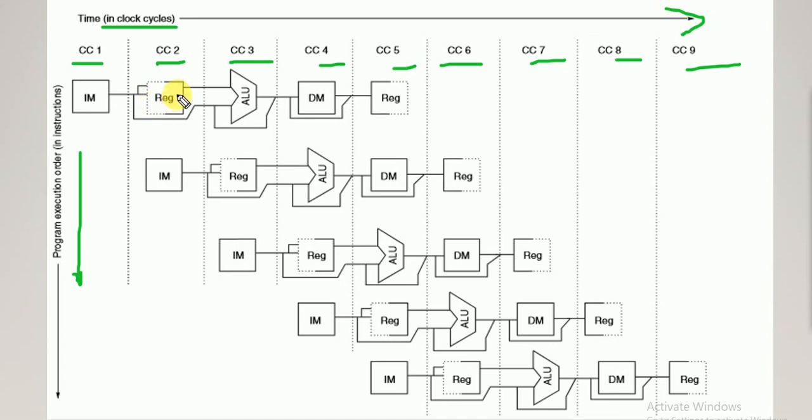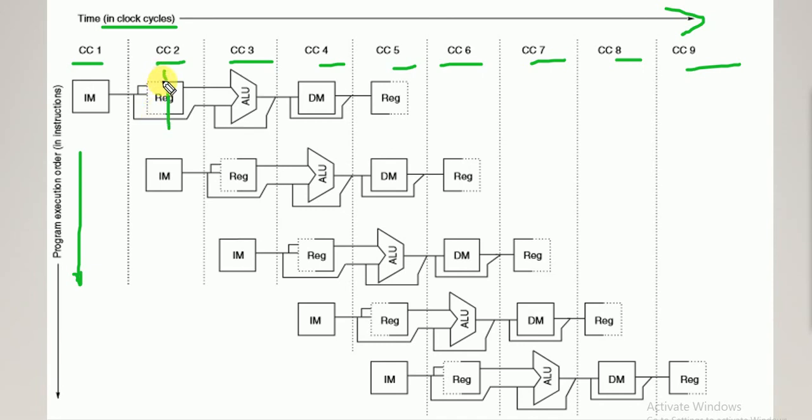Now this is a register file. In the second stage it is used for reading the register content, that is instruction decode. You can see that in the first portion, the left half is given dotted lines, and the right-hand side is given bold lines.